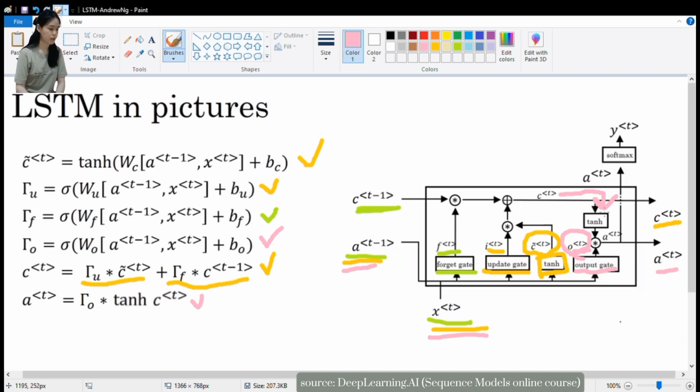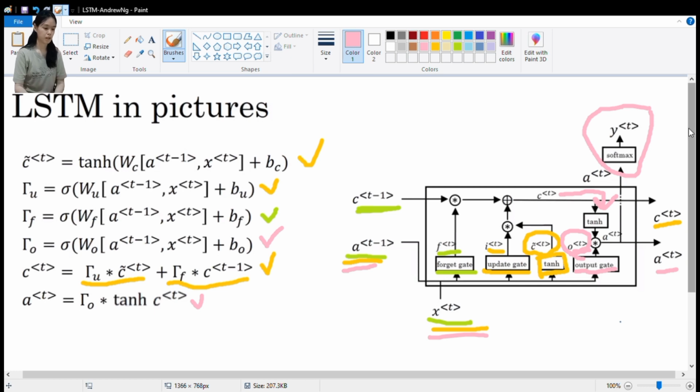Okay, and then what else? Now, the only thing left to do is about y t. So from the coefficient of the current time step, you put it into a softmax function, and that's how you get your y t, your output. And so this only happens in one time step.